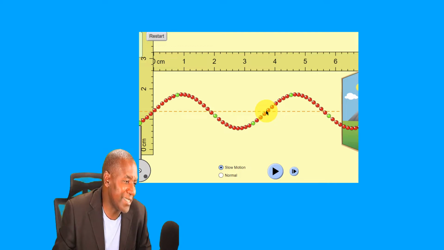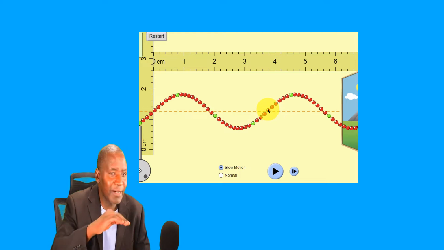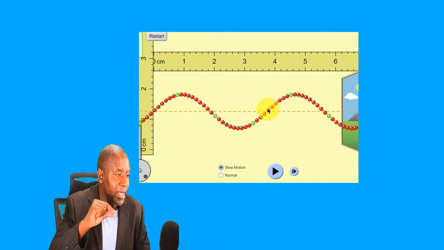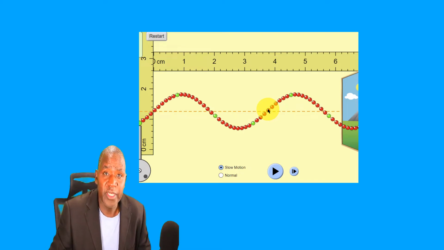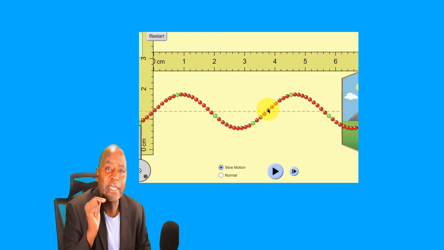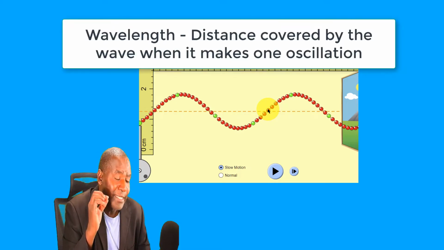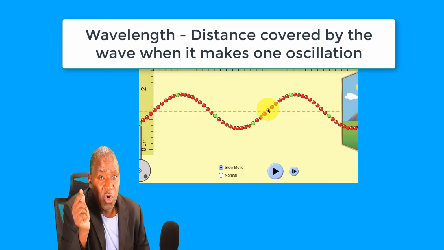So this distance that the wave covers when it makes one complete oscillation is referred to as the wavelength of the wave. That is the second characteristic that waves have. Wavelength is the distance covered by the wave when the wave makes one complete oscillation.